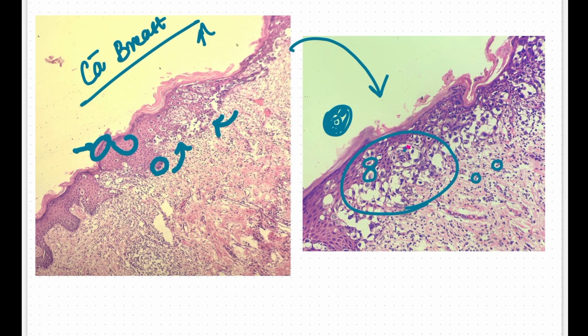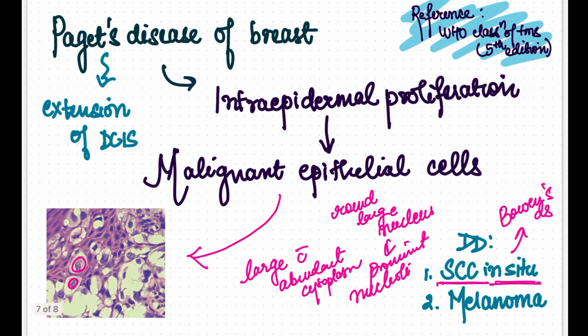They are quite big, and they are mostly eosinophilic. So, these are the two differentials. But with an appropriate clinical setting of an underlying breast carcinoma, you should definitely think of Paget's disease of the nipple or breast. It's actually an extension of DCIS, which is ductal carcinoma in situ.